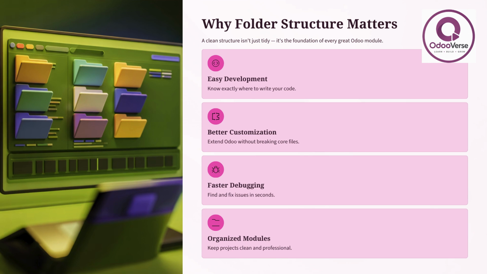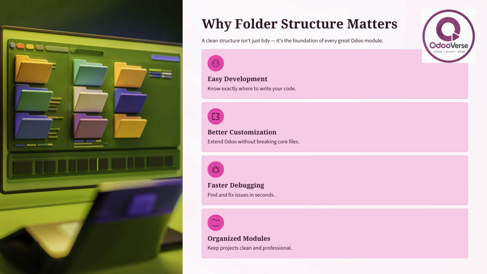Now, you might be wondering, why is folder structure so important in Odoo? Well, a clean folder structure makes development much easier and more professional. First, it helps in easy development because developers know exactly where to write their code. Second, it allows better customization without changing Odoo's core files.